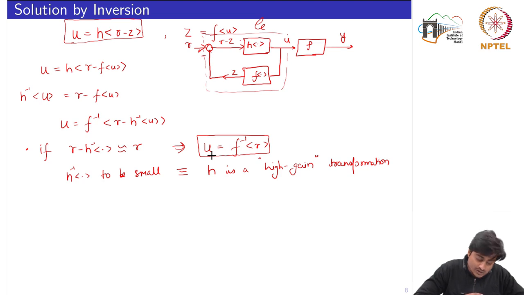So this technique is also called the approximation of the inverse by using the feedback mechanism. This is the importance of the feedback.